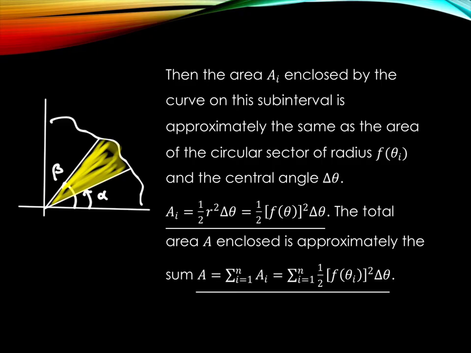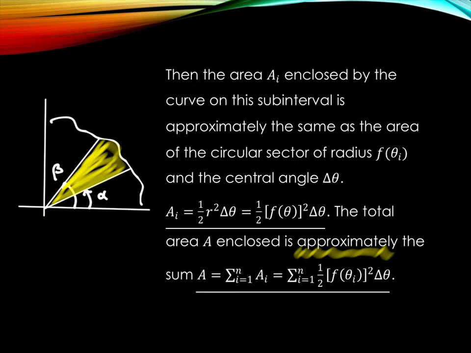And the total area enclosed is approximately, there's that key word I mentioned before, approximately, the sum that we would get by adding up all these little tiny sectors. So the sum from i equals 1 to n of the areas, which is 1/2 f of theta sub i squared delta theta.